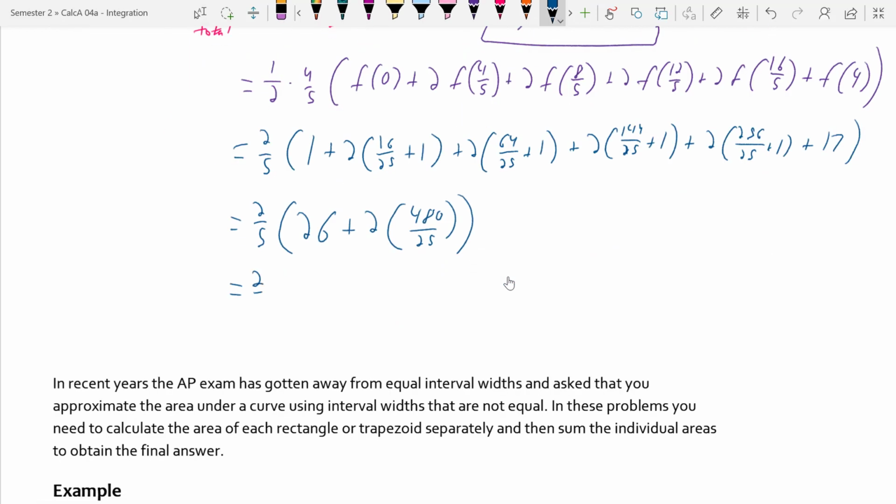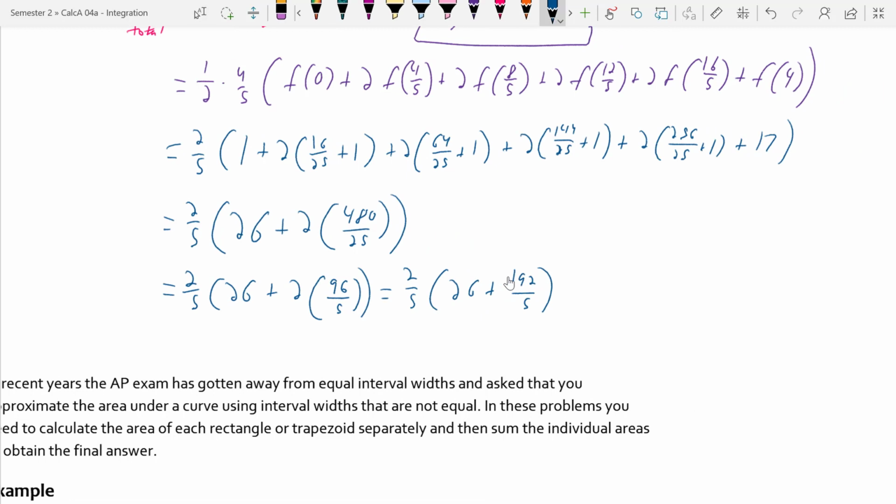Which is going to give me 2/5 times 26 plus 960 over 25, well, I should probably simplify the 480 over 25 by dividing by 5, which gives 96 over 5. That is the same as 2/5 times 26 plus 192/5, which is 52/5 plus 384/25.